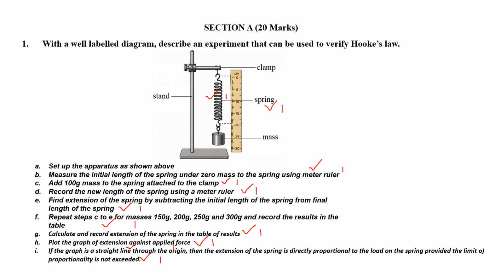Let's make sure that we don't over allocate marks. So we have 2 for the diagram. 3, 4, 5, 6, 7, 8, 9, 10. All right, we have too many marks. So the last point, we can just give it 1 mark so that we have a total of 10 marks altogether. So we have 1, 2, 3, 4, 5, 6, 7, 8, 9, 10.